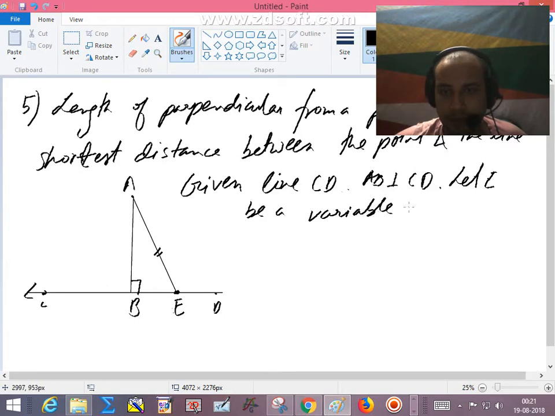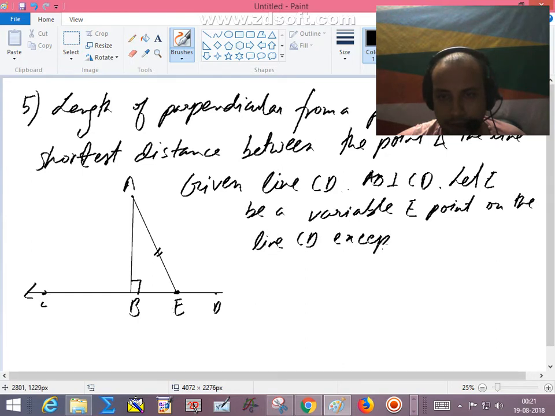Variable point means it's not a fixed one, it can be anywhere on the line CD, except the point B, right?